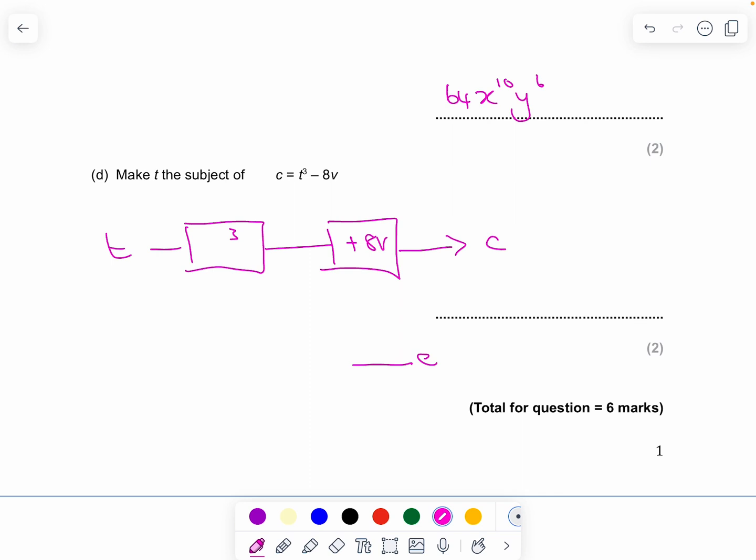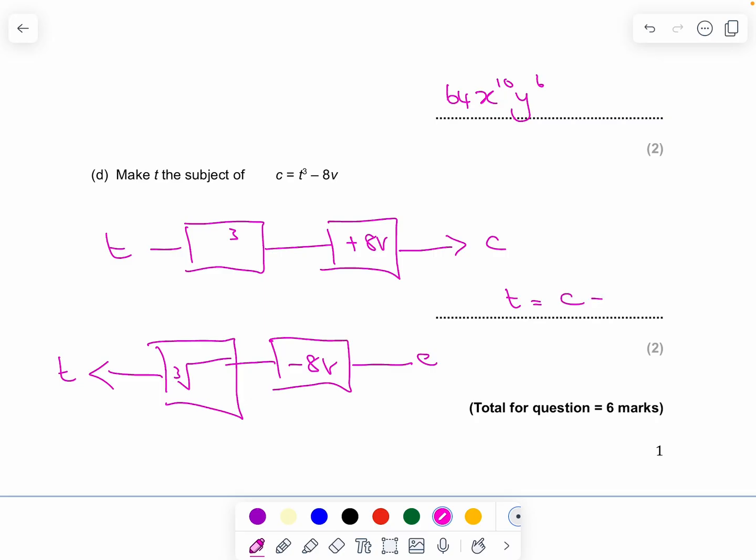Instead of adding 8v, I'm going to subtract 8v. And then instead of cubing it, I'm going to cube root it. So cube rooting is the opposite of cubing. So I should get t equals the cube root of c take away 8v.